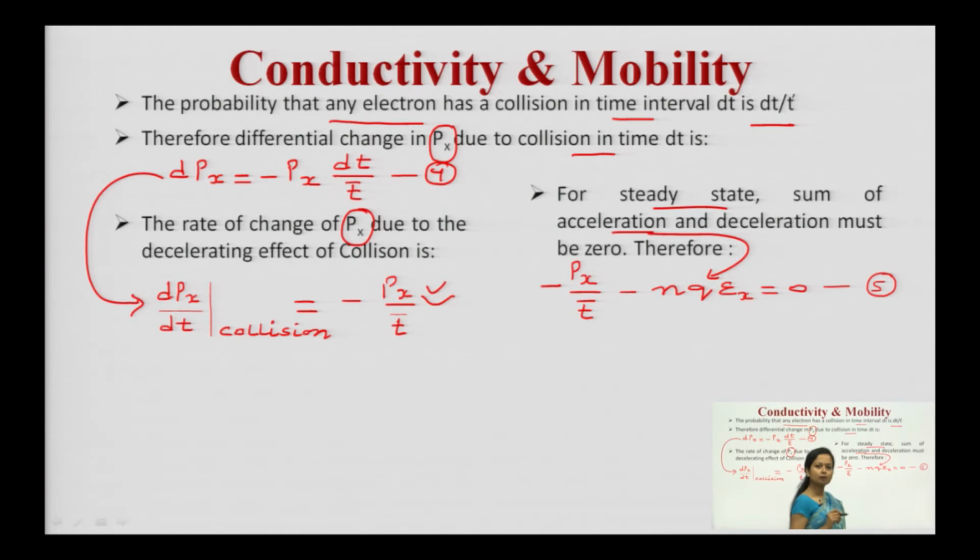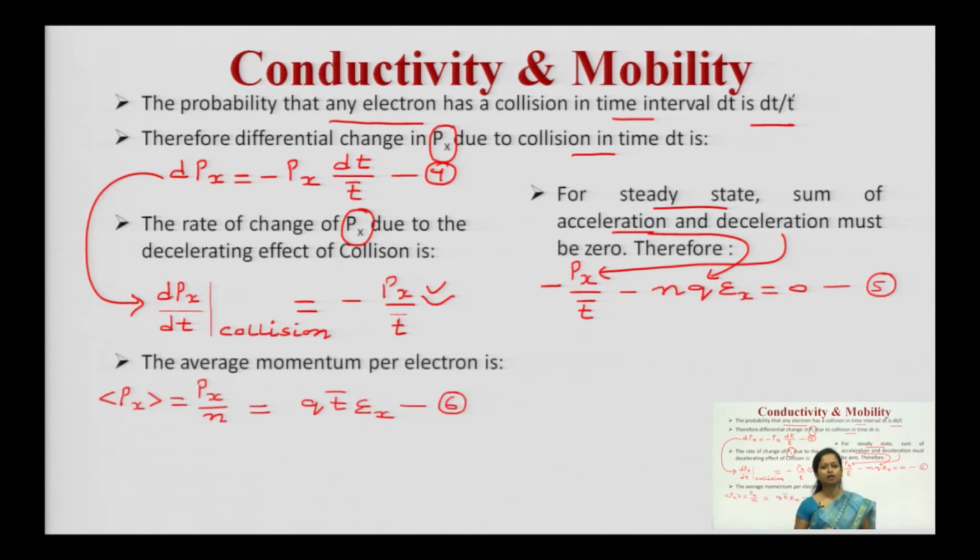Acceleration we have calculated for a group of n electrons. A single electron feels a force minus q Ex, and a group of n electrons, n times q into Ex. So this is equal to 0, and this deceleration you have written in this particular form. This was calculated over here, and the acceleration in the previous case. So I hope till this point it is clear to you how to write down this particular equation.